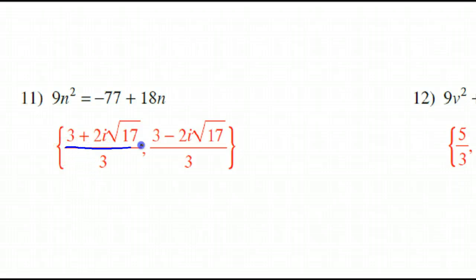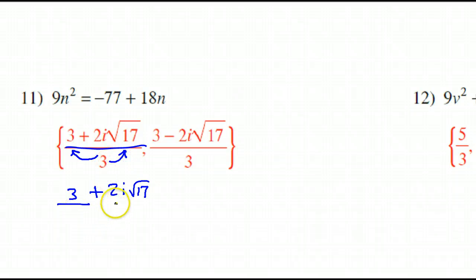Writing one big fraction and putting a 3 under it is the same thing as writing this 3 plus 2i radical 17 in the top. I could take this 3 and put it underneath each side separately, like this. Put a 3 over here, put a 3 over there.